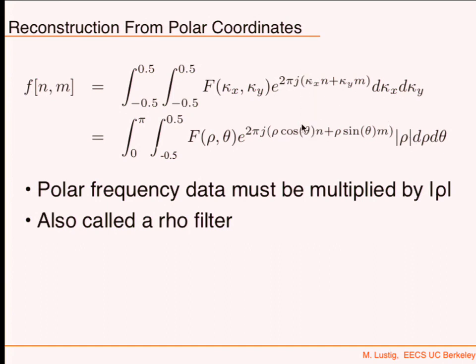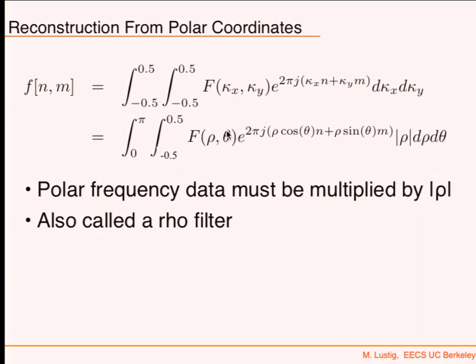Because in rho and theta now, the domain has different density, in effect. So when we go to polar coordinates, it's more dense when we're getting to the origin, and then it's less dense when we go up. And so this is equivalent to that. That's exactly the same integral.